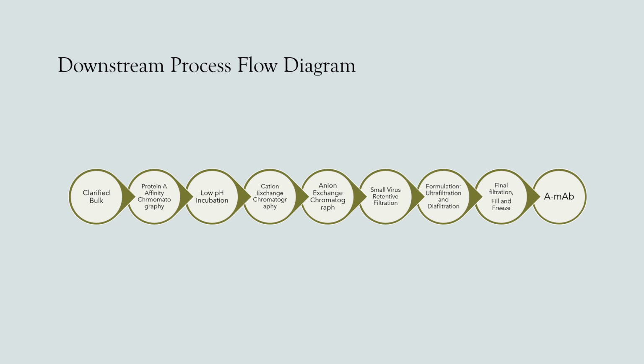You subject it to low pH incubation to remove any enveloped viruses, and then you use cation exchange chromatography and anion exchange chromatography to further purify it. You may then do nanofiltration for small virus retention, and then you might do your formulation using ultrafiltration and diafiltration. You may then fill your bulk in bulk containers, or you may decide to freeze those bulk containers, or you may decide to fill them directly into the vials.